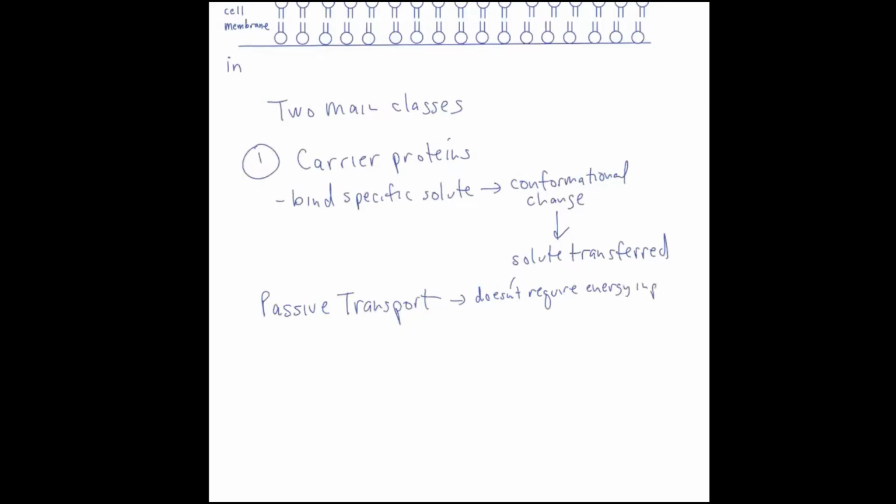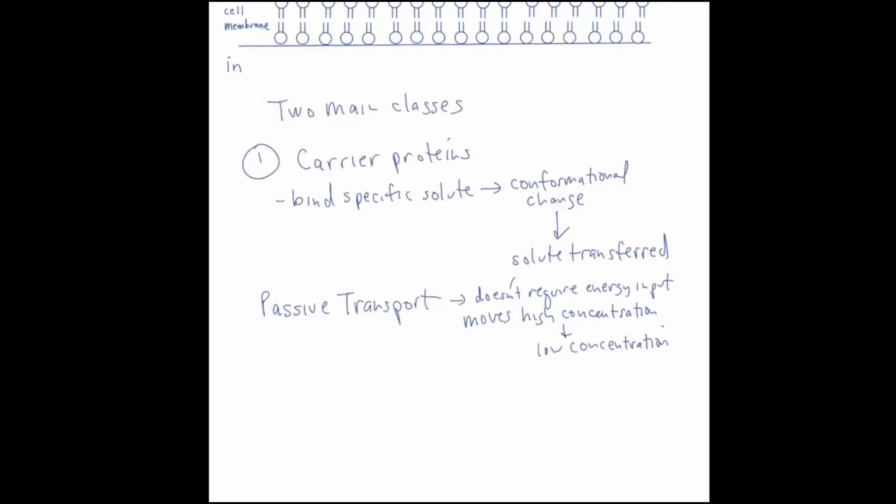Really the molecule moves from a high concentration on one side of the membrane to a low concentration. And we call that the concentration gradient.